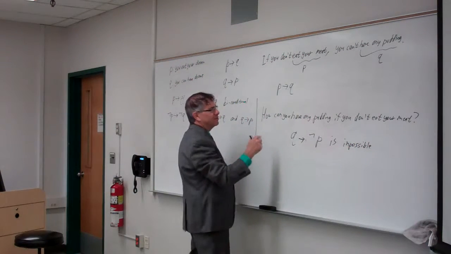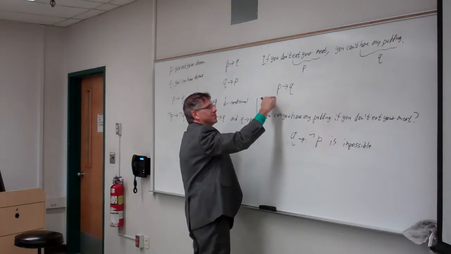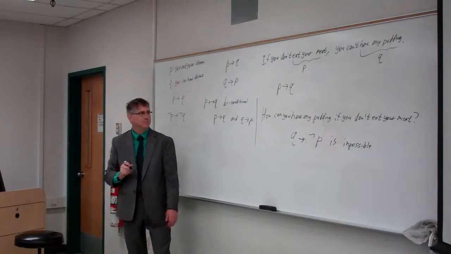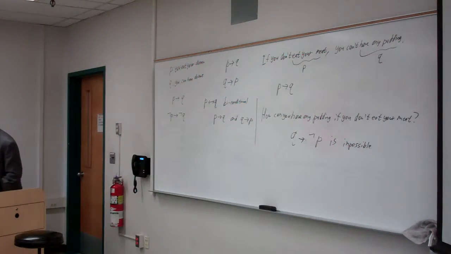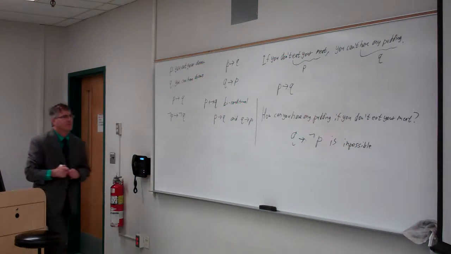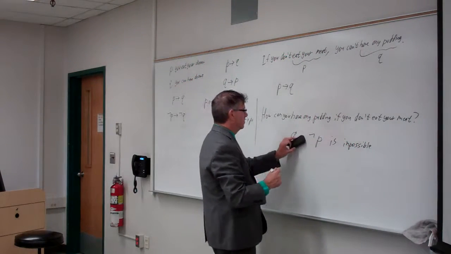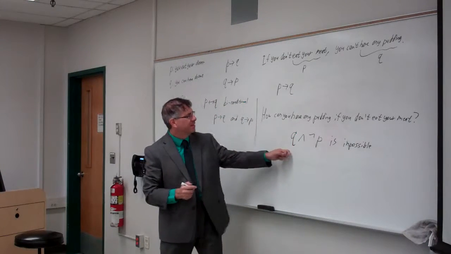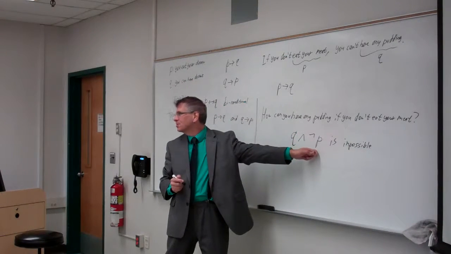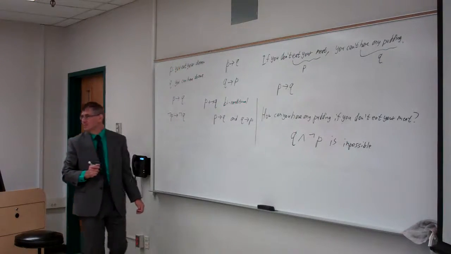P implies Q. It's saying if not Q, then you can't have P. I think I switched my P's and Q's. It's saying that having pudding and not eating your meat, that's impossible.